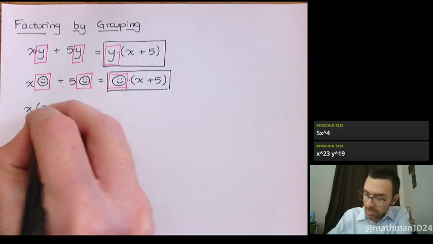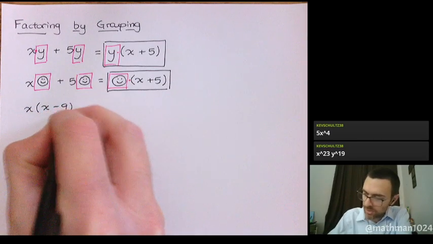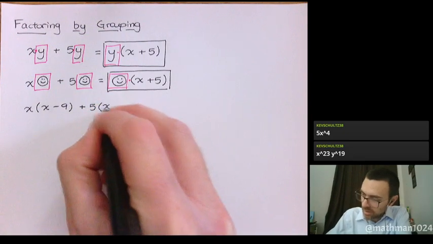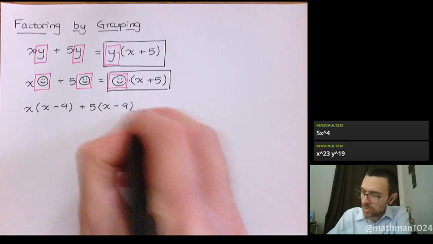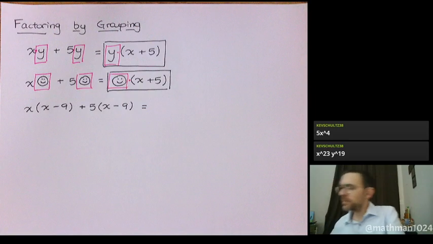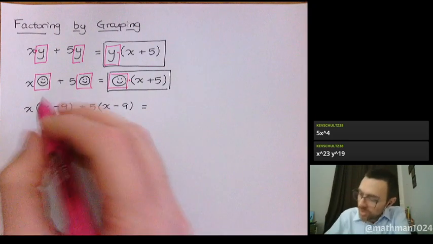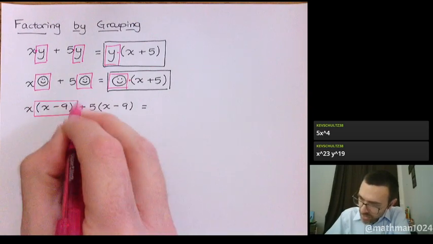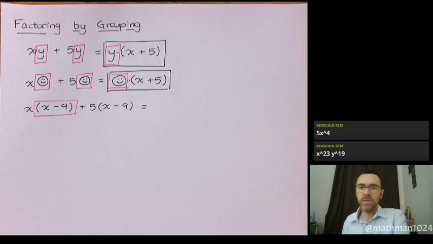If we're all on the same page with that, then I can make it a little bit more challenging. It makes it look more difficult, but it really isn't. It's still the same concept. So if I say x times x plus 9 plus 5 times x plus 9, we see here that we have a big factor that's common. Common factors don't have to be just individual pieces, single pieces.